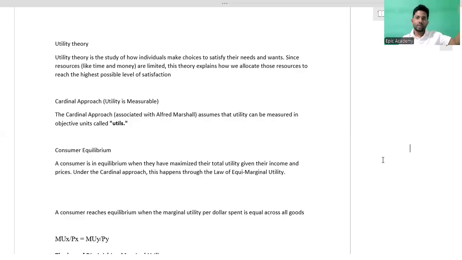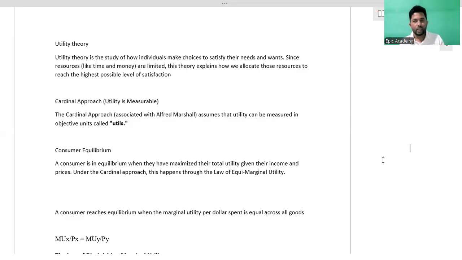It belongs to both consumers and producers. But here you are going to understand only the equilibrium point related to the consumer, not the producer.